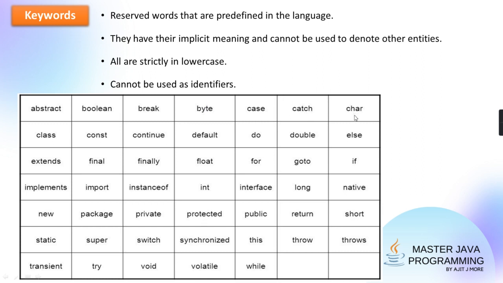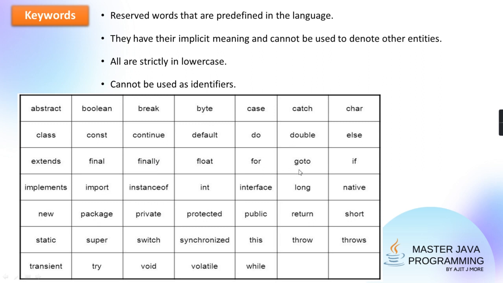Catch is there in C++. Char, class, const. Then continue, default, do, double, else. These are known. Extend is a new thing. It will be used at the time of inheritance, meaning when you want to derive one class from another, use extend. Final is a new thing, finally is a new thing.